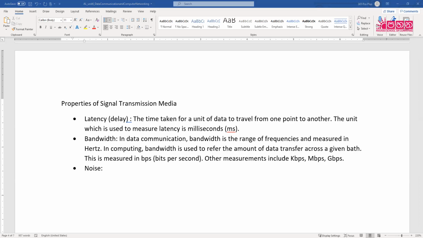The noise can affect the original signals, and there could be multiple types of noise.